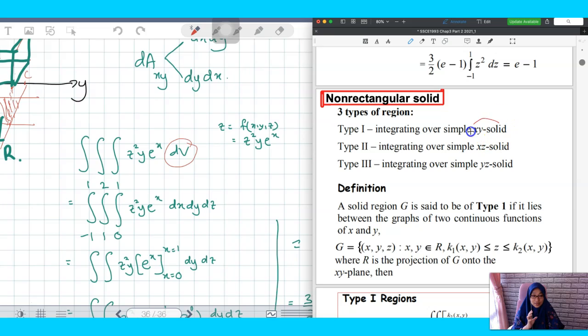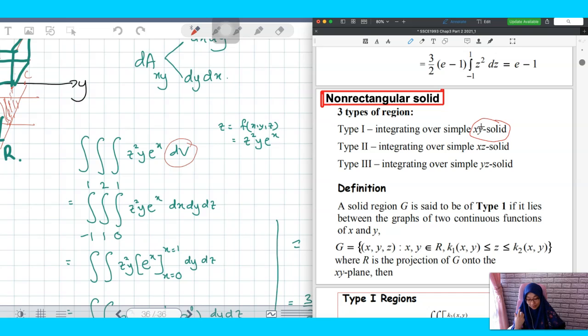How can you decide? How can you decide if you have that particular solid? We have already sketched that for some particular orientation. So how can I give a name for that solid? What is the thing that I refer to so that I can give a name? Remember, I explained to you last time about finding the volume for double integral.